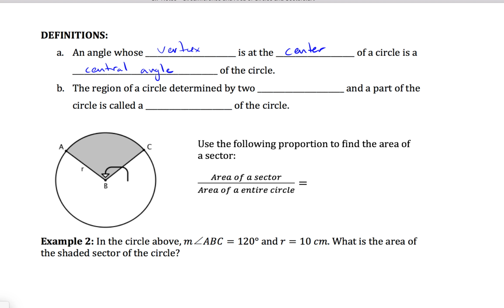So you can see down here I have an example of a central angle. Angle ABC is an angle with a vertex at B, which is the center of this circle. So that is an example of a central angle.